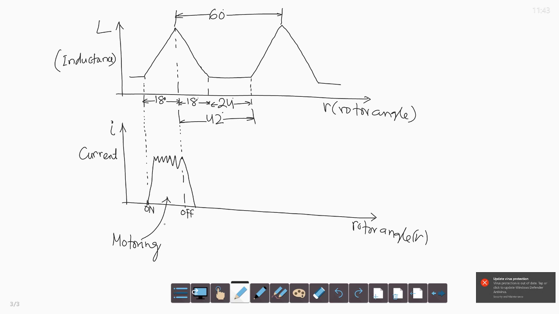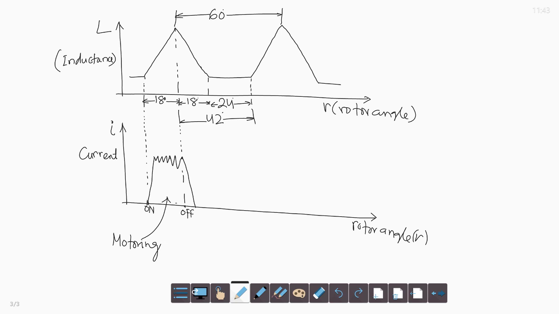Now, after the switch is off, what happens when the disalignment occurs? During that period inductance is decreasing, the slope of inductance is negative, but if you establish a positive current, there will be a negative torque, because torque is proportional to the slope of the inductance.